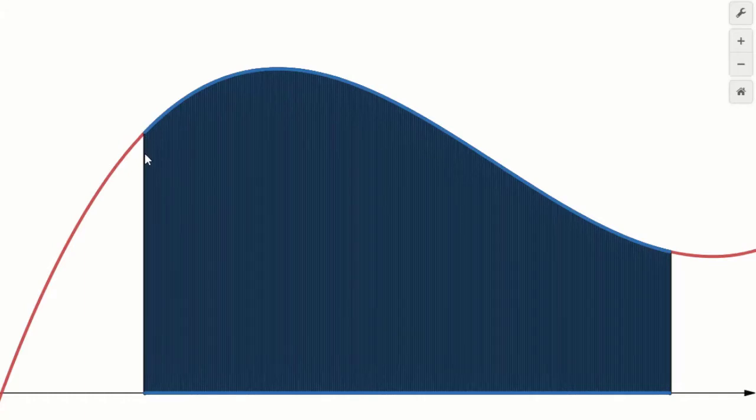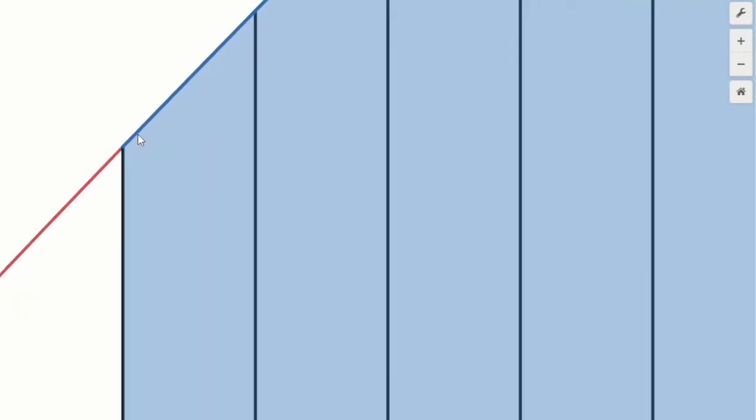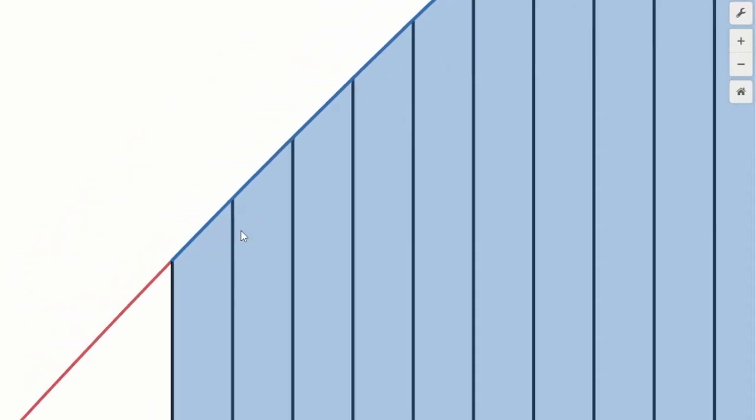Let me zoom in at a very extreme level so that you can see it, almost to the point that Desmos cannot zoom in anymore, but we can still see with our human eyes no difference between the trapezoid and the red curve right there. And that's the idea of using the trapezoidal rule.